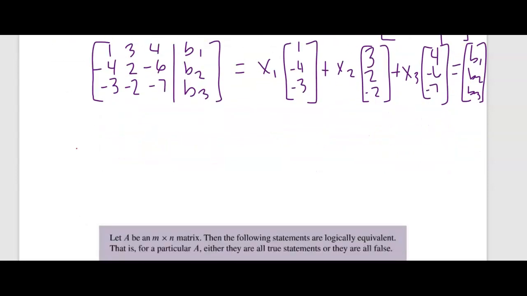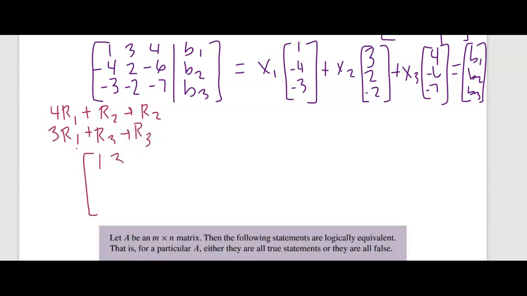If I take 4 times R1 and add that to R2 and put that back into R2, and 3 times R1 and add that to R3 and put that back into R3, I get 12 plus 2, 14, 16 minus 6, 10, and 4b1 plus b2.